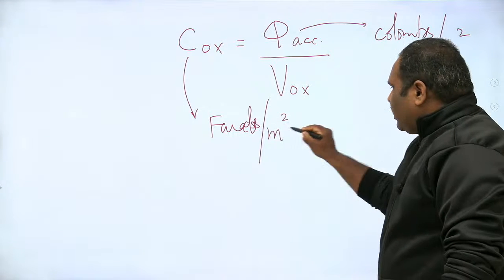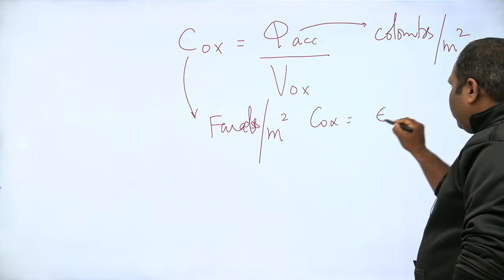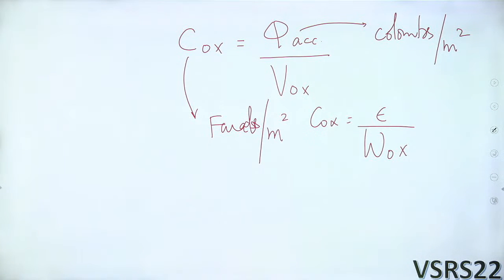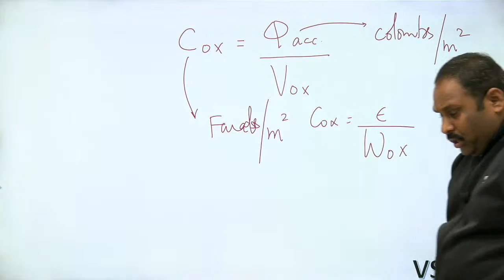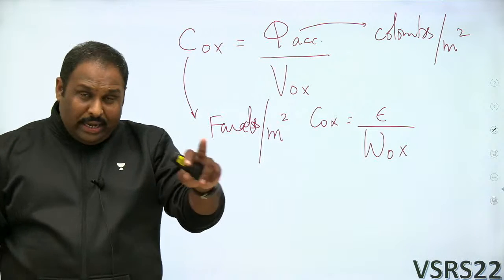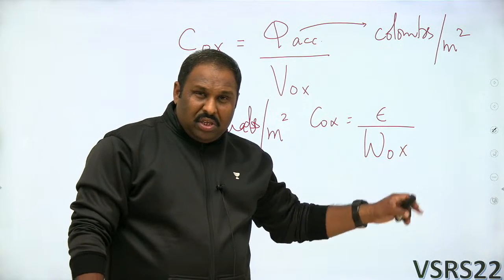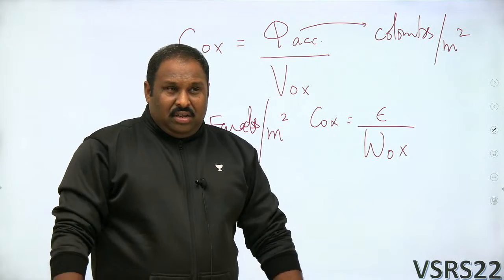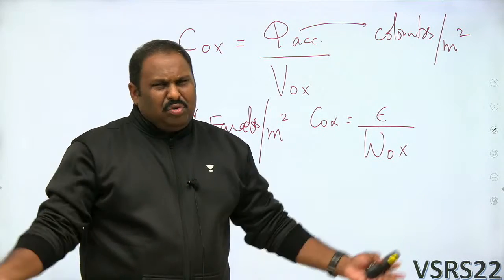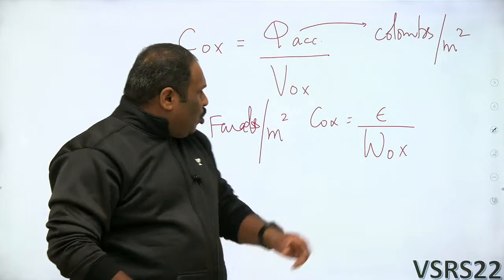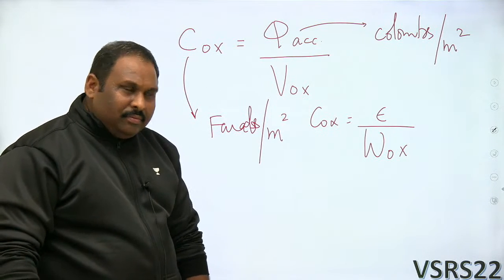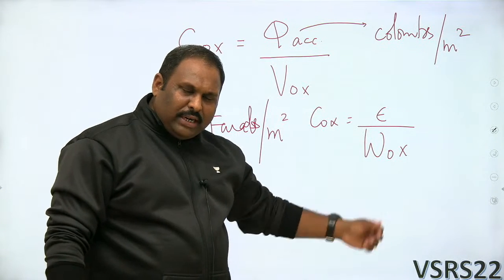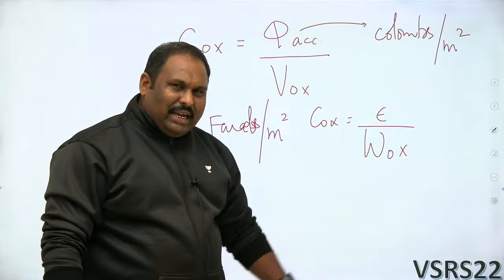So that this capacitance COX is nothing but epsilon by width of the oxide layer. So I'm very happy, students, that tomorrow when I do any problem in accumulation mode, you won't search for formulas. सर इस प्रॉब्लम में कौन सी फॉर्मूला अप्लाई करनी है, कुछ अप्लाई नहीं करना है. The voltage that you give across the oxide layer and the charge that accumulates can be calculated by the width of the oxide layer, epsilon of the oxide layer, anything like that.